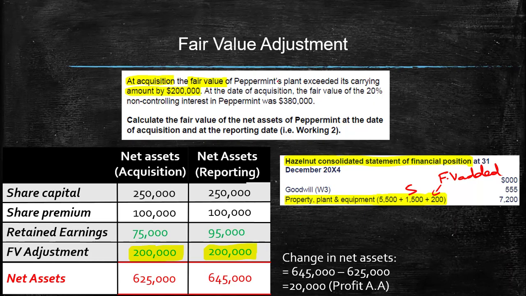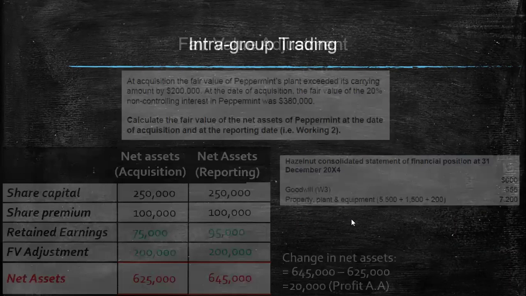Obviously, if the fair value was less than the carrying amount, then we would have subtracted the 200,000 both from acquisition and reporting columns, and we also would have subtracted the 200,000 from the property, plant and equipment amount as well in the statement of financial position. So, this is how you adjust the fair values in your consolidation questions.